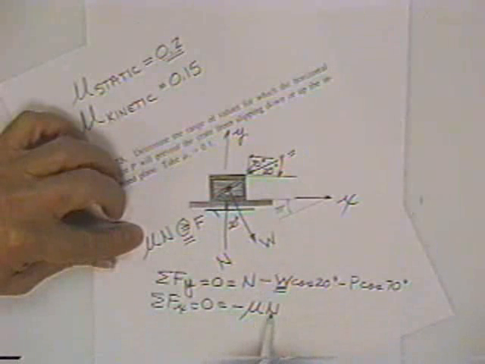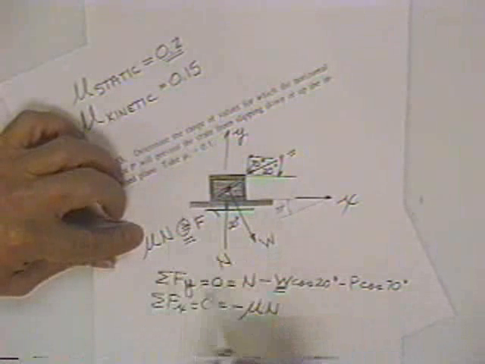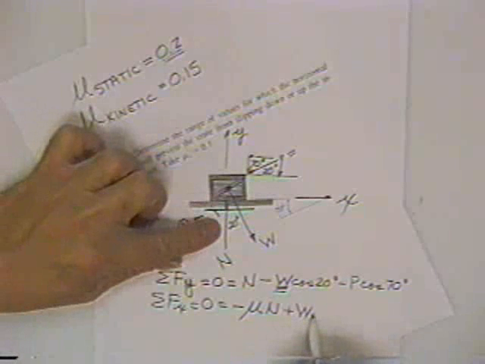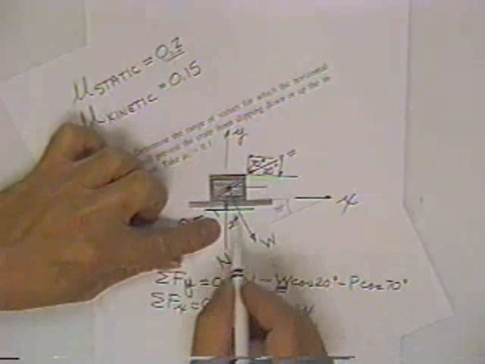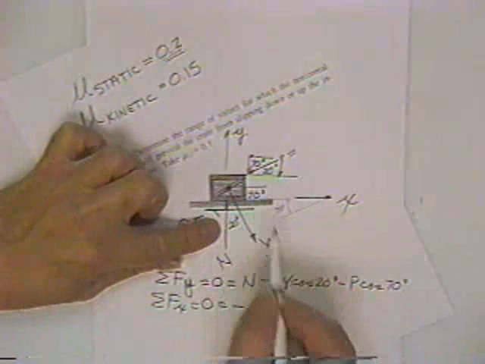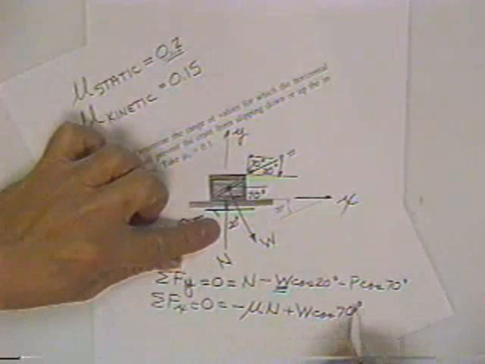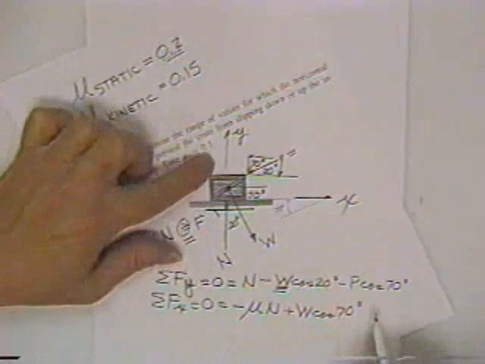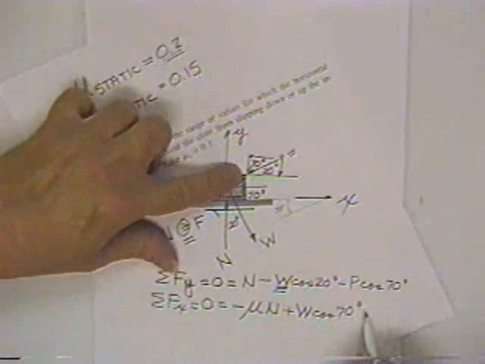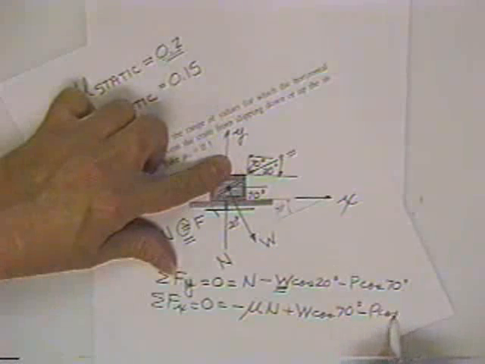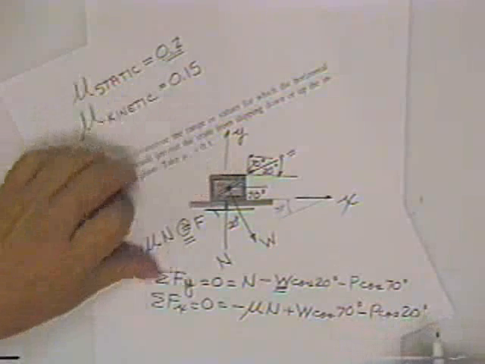So I put the biggest number in here, minus, plus W times, if that's 20, this is 70, so W cosine of 70 degrees. The P force now acts, minus P times the cosine of 20 degrees.